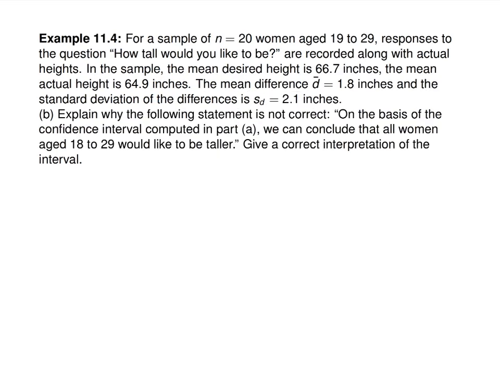Explain why the following statement is not correct. On the basis of the confidence interval we computed in part A, we can conclude that all women would like to be taller. And it's an important distinction, but these intervals talk about the average woman, not all women. So on average, women want to be taller, but there are definitely exceptions to this rule.